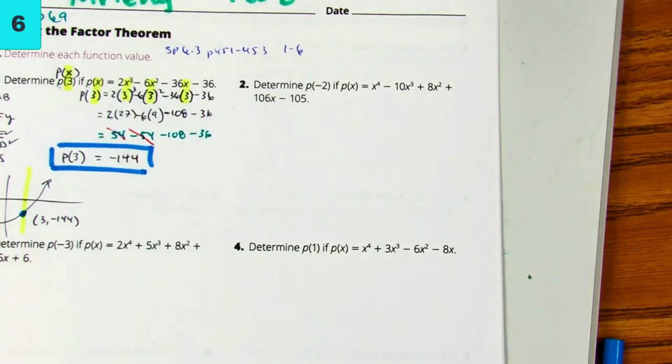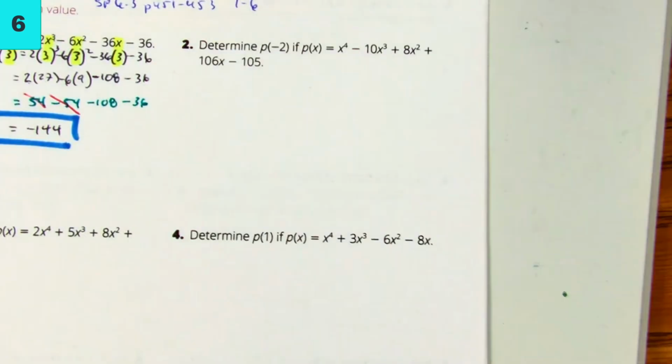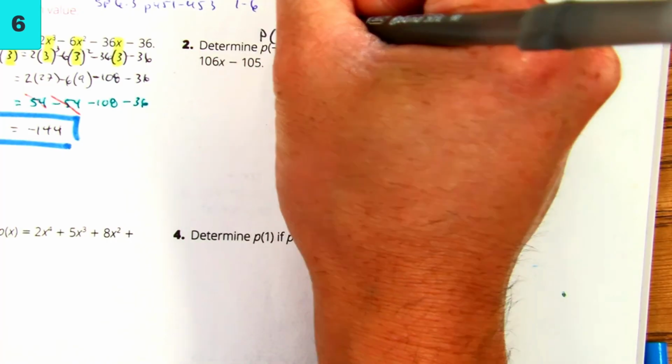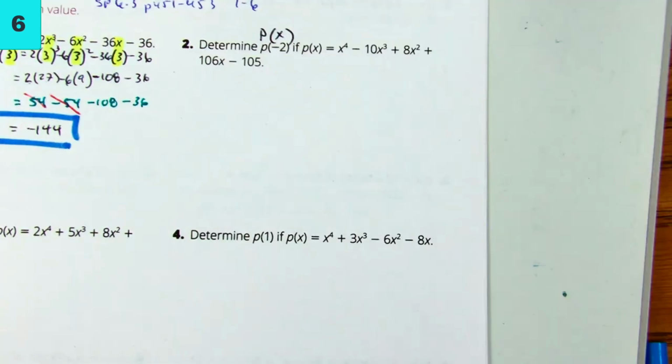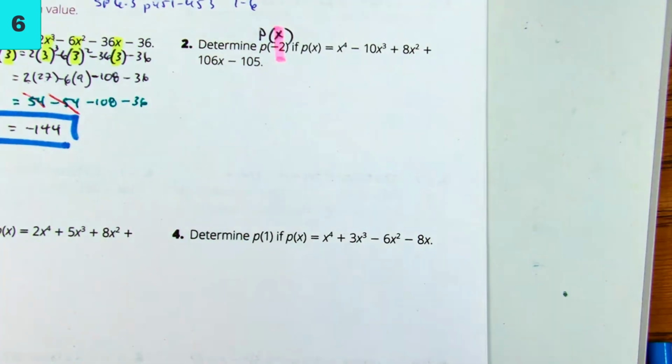Partner A, tell partner B, what is your x value? What is your x value? Angela, what's your x value? -2. Every x value we're putting -2.